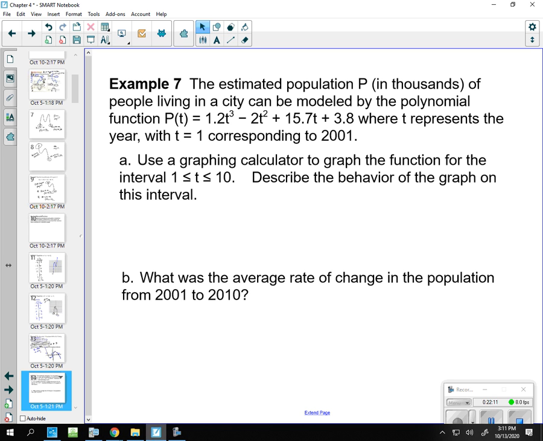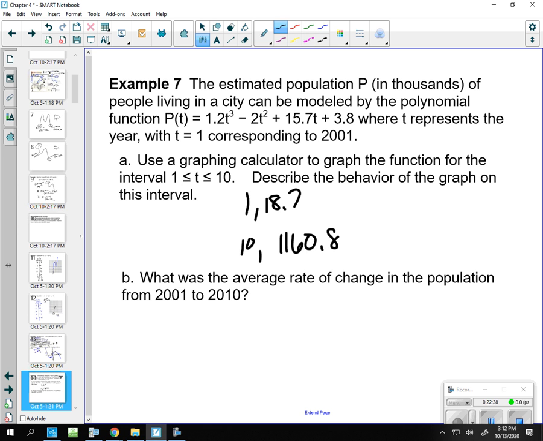Would you say it's increasing or would you say it's decreasing? Well, it's definitely increasing, as I said. And I would do the extremes. So at 1, it is 18.7. And at 10, it's at 1160.8.